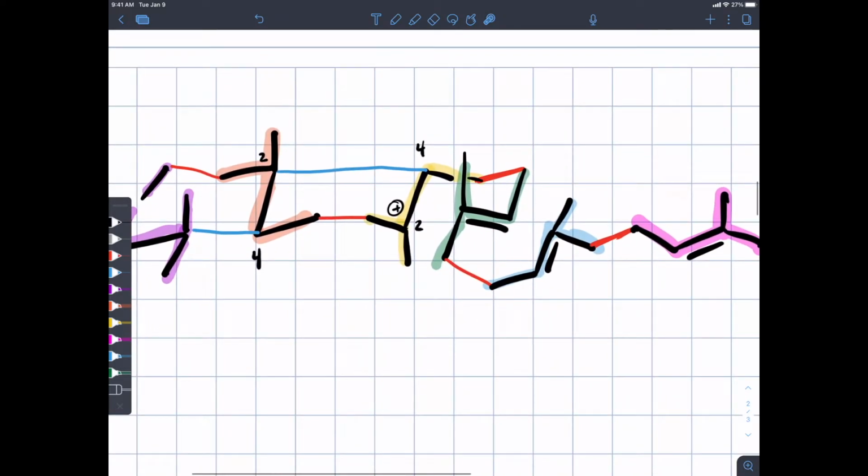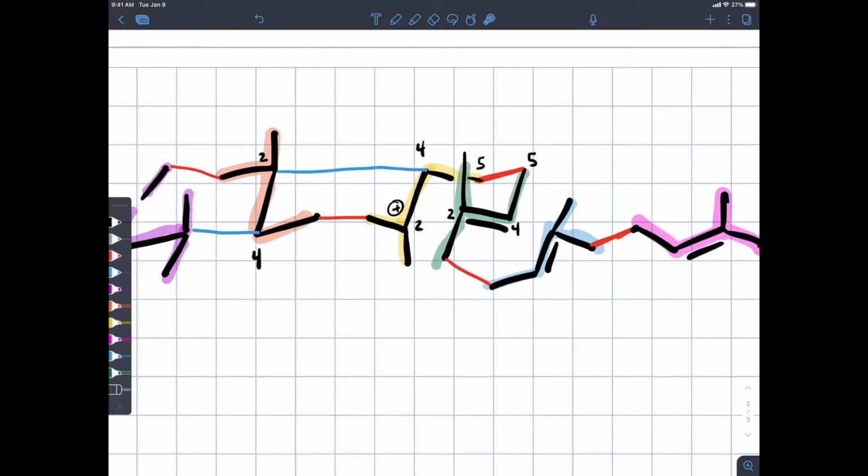Now, next step, we've got to the point where the yellow isoprene unit is now bonded head to head with the green isoprene unit. And this changes things somewhat because it puts carbon 2 of the green unit rather than carbon 4 close to the positive charge.